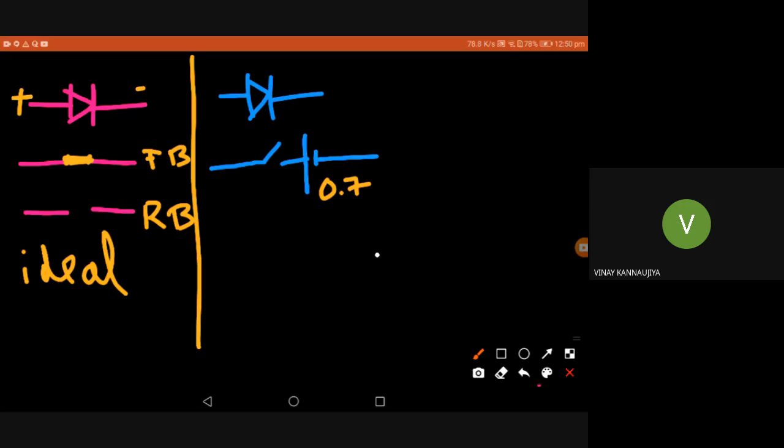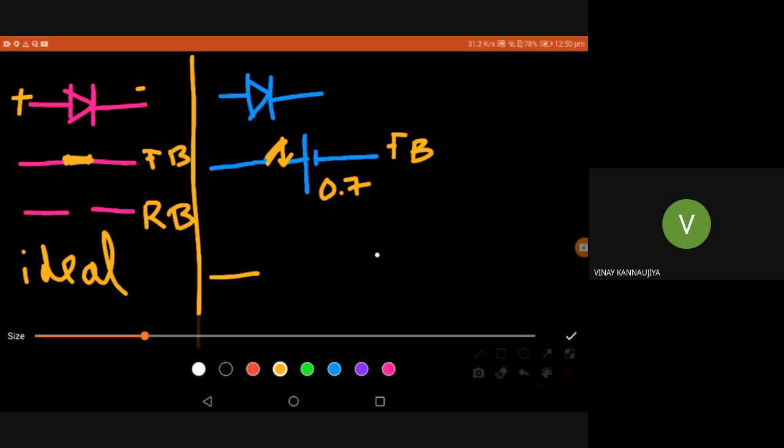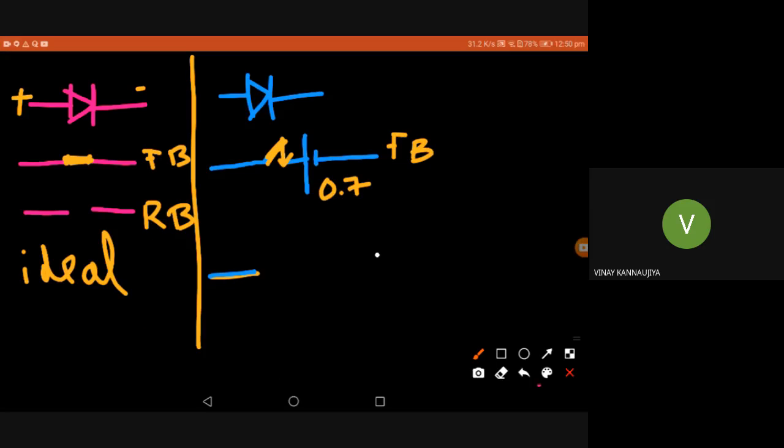This switch is on in forward biased, and we have the same switch with a 0.7 volt battery. The switch is off in the reverse bias. There is no 0.7 voltage across the diode also, because there is no current flow, so you don't need to worry about anything.